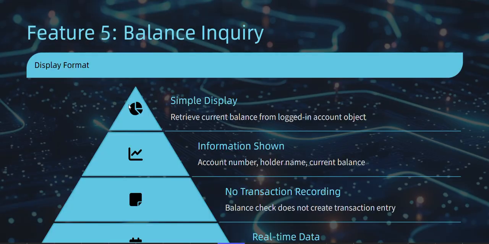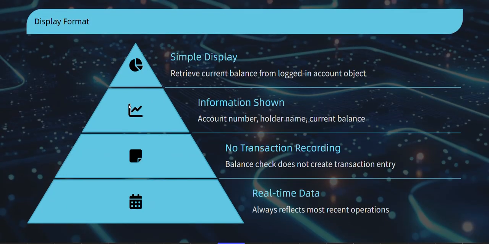Another feature is balance inquiry. Over here it is a simple display that retrieves the current balance from the logged-in account object. Whenever a user signs into the login system, he can see the retrieved current balance, like after the previous withdrawal, how much the current balance in the account is.